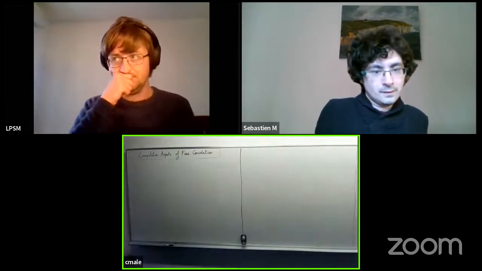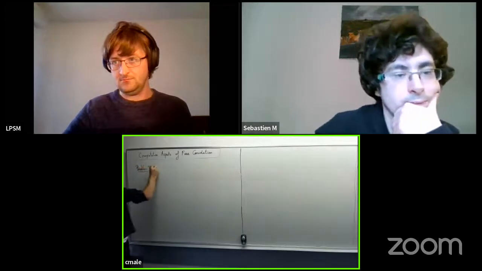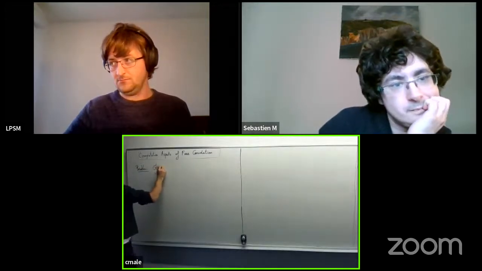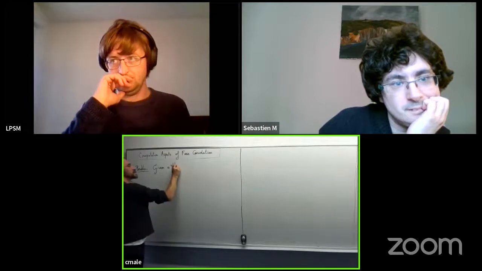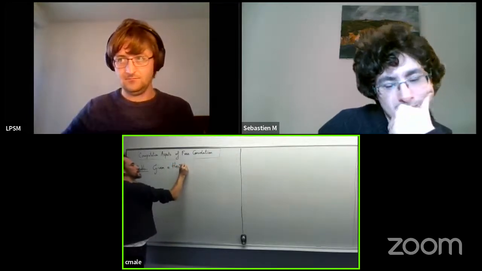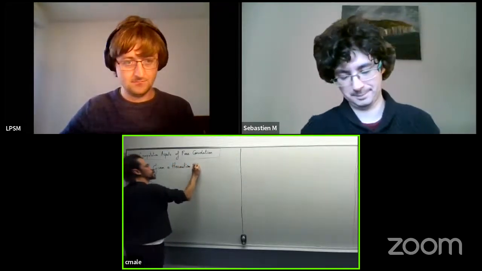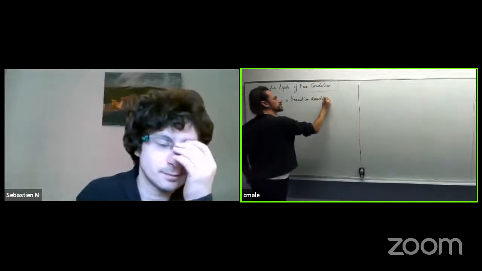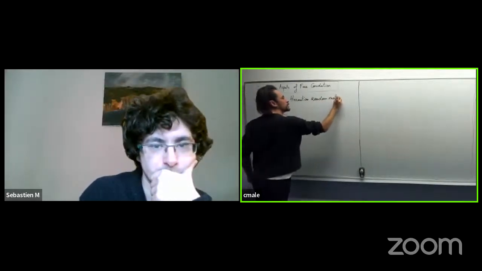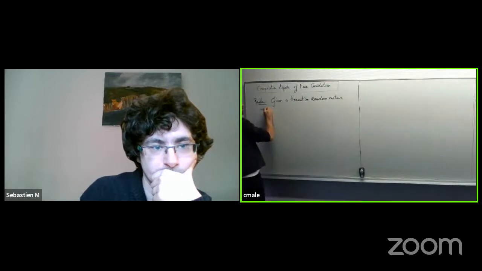The problem we want to address is the following. Assume we are given a Hermitian random matrix that we assume to have the following form.